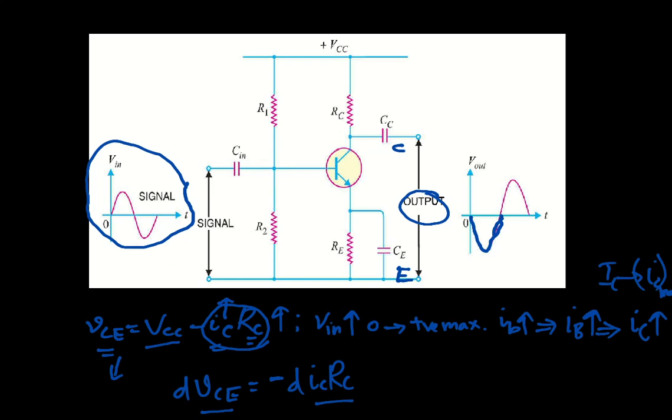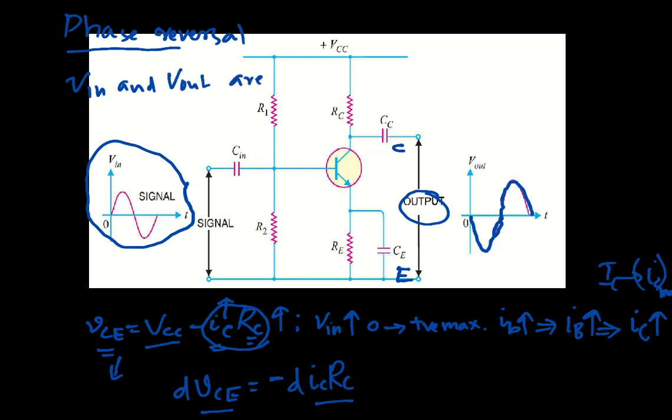And when the input signal increases in the negative sense, during the negative half cycle, the output voltage increases in the positive way. That means there is a phase difference of 180 degrees between the input and output, which is called phase reversal. So in the case of a common emitter transistor amplifier, the input voltage and output voltage are out of phase.